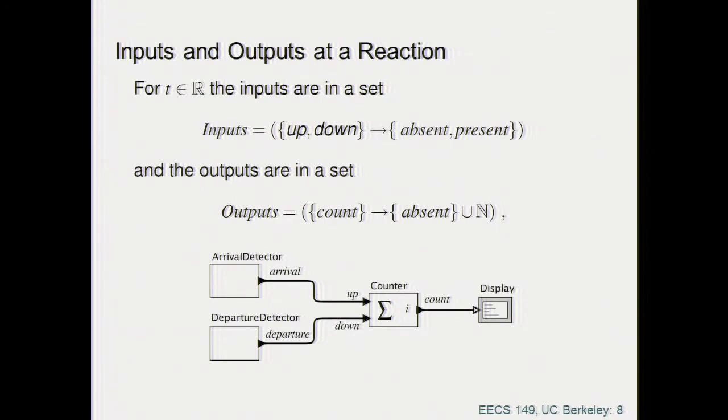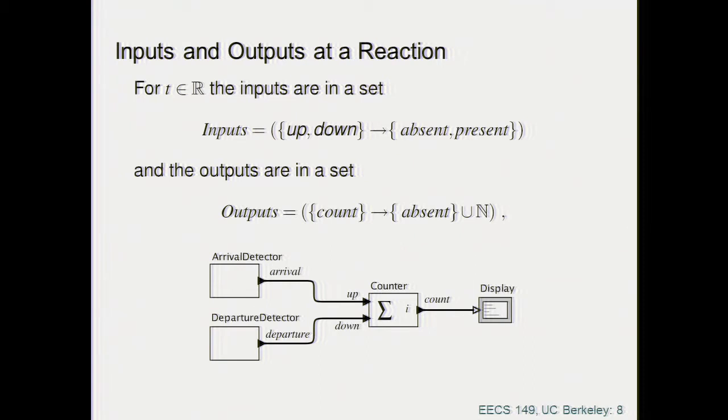Now, of course, inputs and outputs are always defined at a reaction. So when something happens, you have a set of outputs. We said before that the inputs take values in a particular mathematical domain.